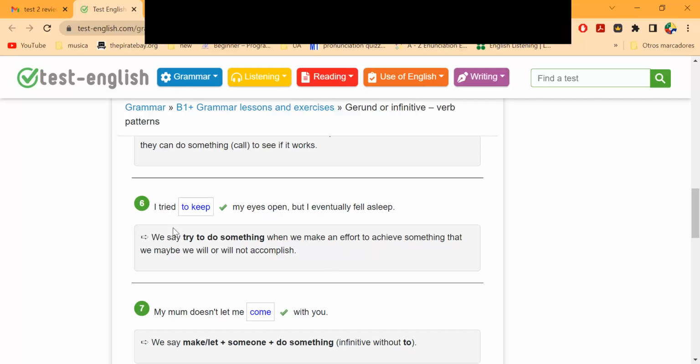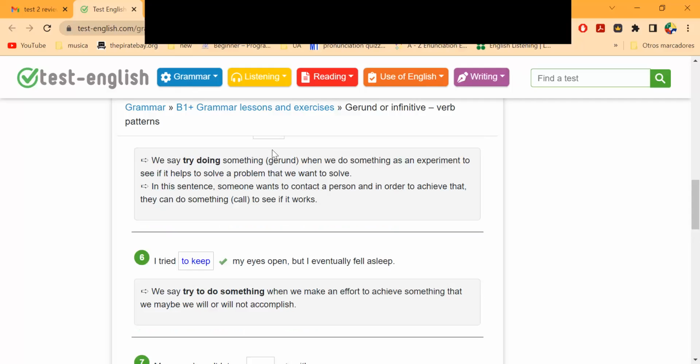I tried to open the door, but I couldn't. Es el try más infinitive, que es el uso más común, ¿no es cierto? En cambio, el try más ing es algo como experimentar algo. Why don't you try, I don't know, why don't you try doing yoga? Why don't you try cooking Thai food?